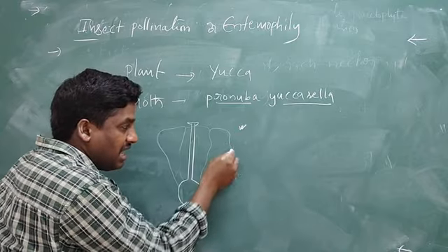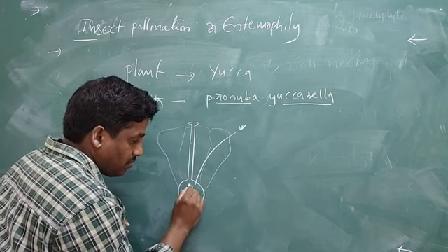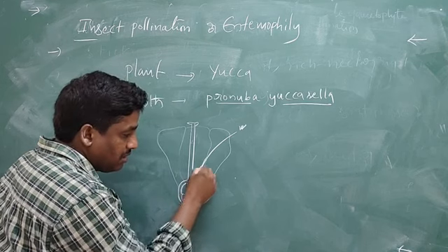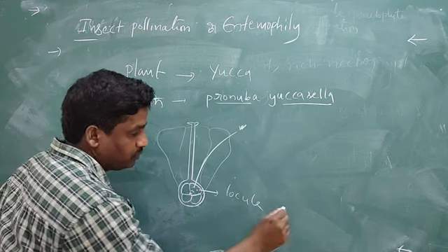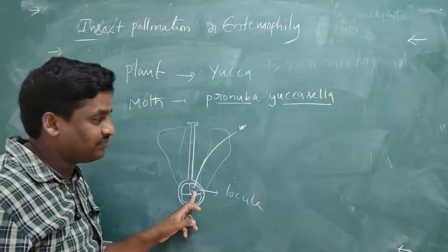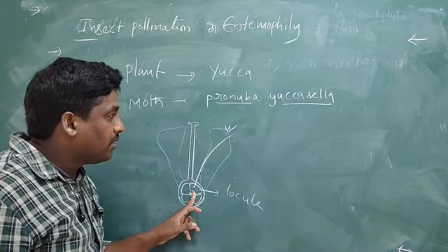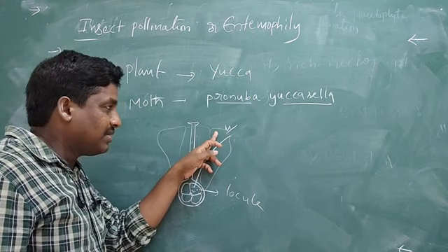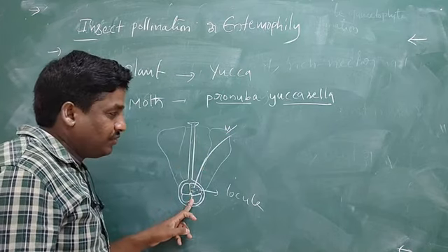This moth lays its eggs particularly in the locule region. So the moth first lands on the flower, and later deposits its eggs in the locule.